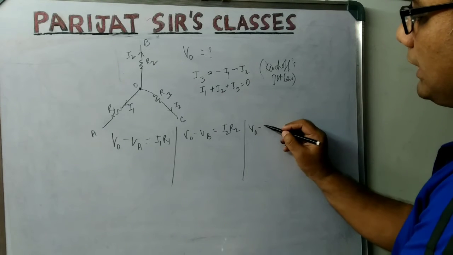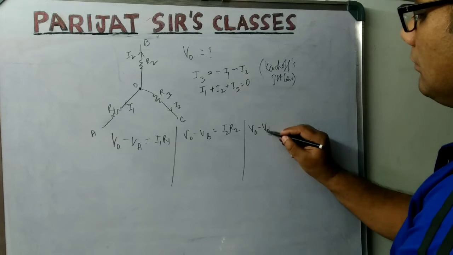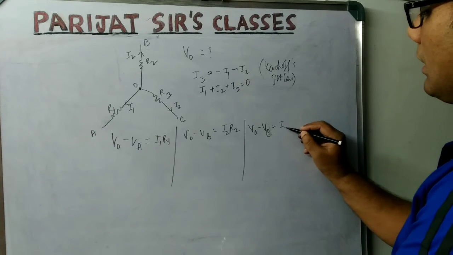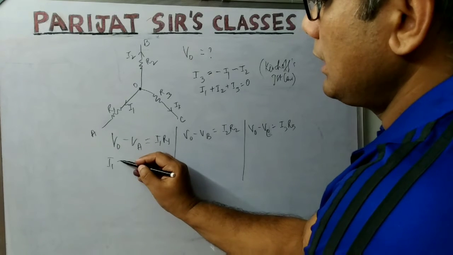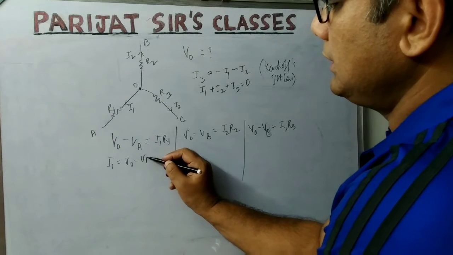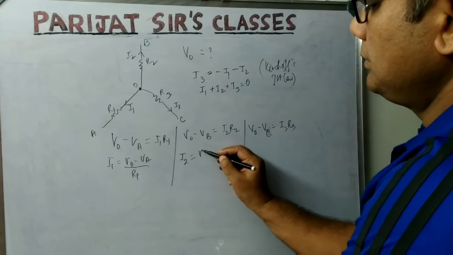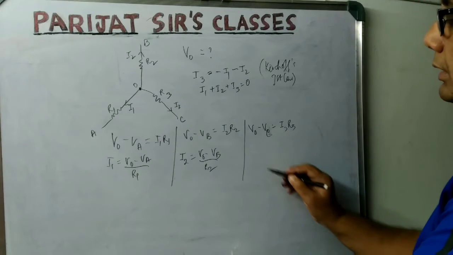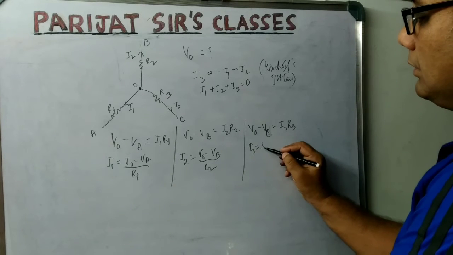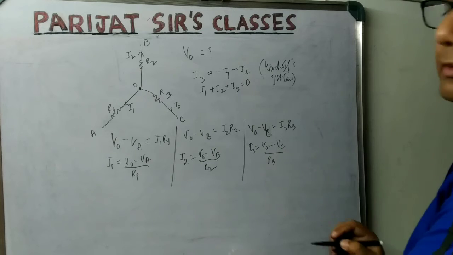Similarly, VO minus VC will be I3 R3. So what is I1 from here? I1 will be VO minus VA by R1, I2 will be VO minus VB by R2, and I3 will be VO minus VC by R3.